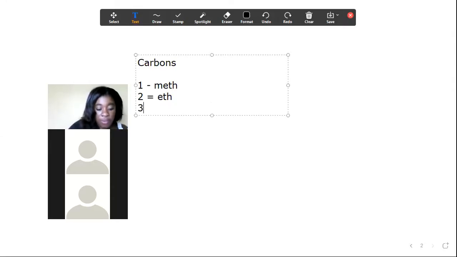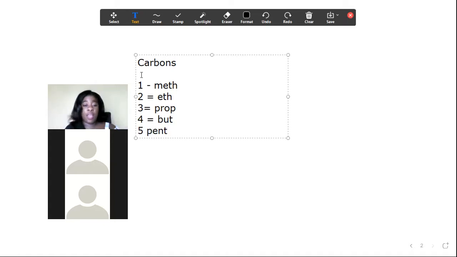If you have 3 carbons, the prefix is gonna be prop. If you have 4 carbons, the prefix is gonna be but. And then if you have 5, it's gonna be pent, and it goes right up, but we're just gonna call it 5 for now. So you have to study these, all right? Study the number of carbons and the correct prefix that we use.